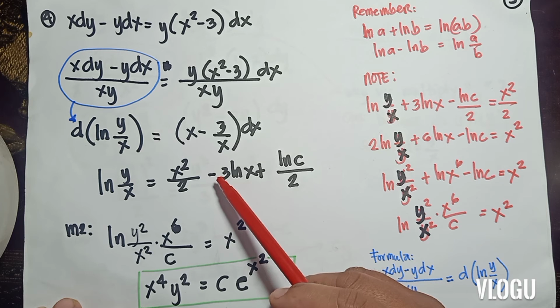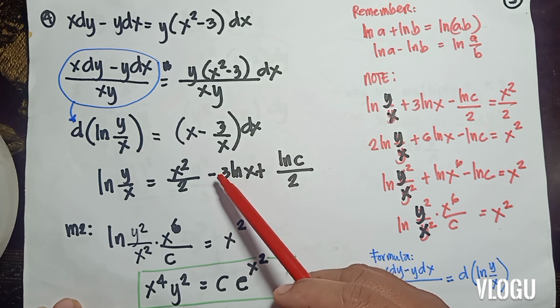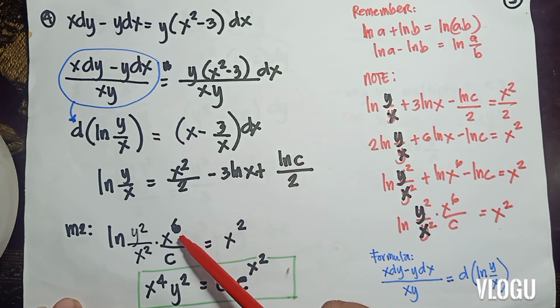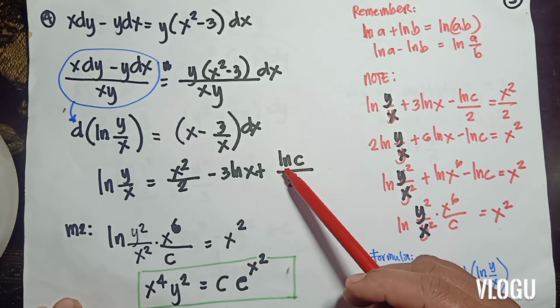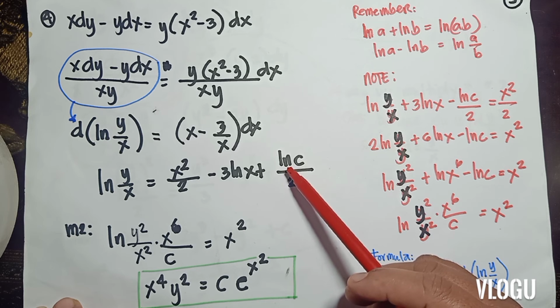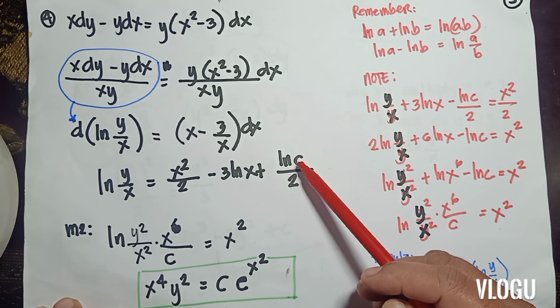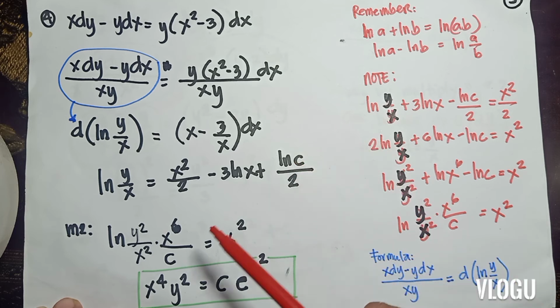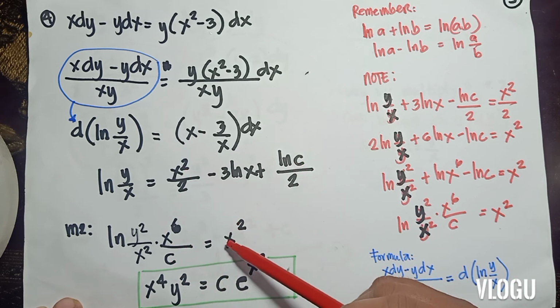So, if that is positive, plus. If that is plus, that is multiplication for ln properties, right? That's the reason you will have x to the 6. This one, if we transpose to the other side, you will have minus ln of c, right? Minus in logarithmic property becomes division. So, that's the reason you will have over c, that is equal to x squared.